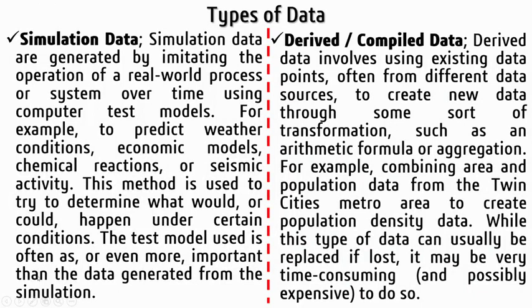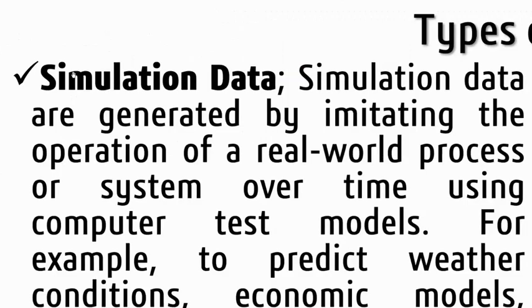It might not be exactly the same, but it will be similar data. Now, we have the simulation data. When we talk about simulation data, we say that it is generated by imitating the operation of a real-world process or system over time using a computer test model. In other words, in simulation, there must be a software or a computer program that you can use to simulate the real-world process.